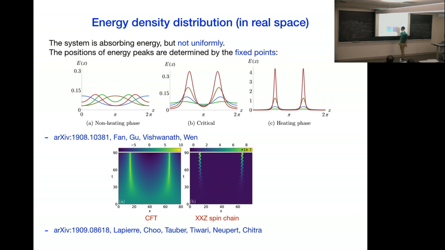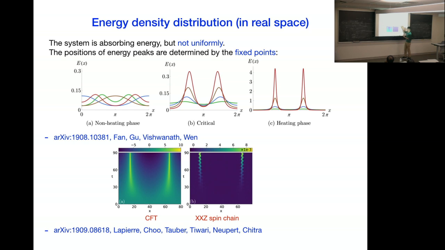This is different from the diffusive system you introduced. Okay, if we look into the energy density distribution, we can find some very interesting features. In the non-heating phase, as we drive the system, the energy will not grow, which means the system doesn't absorb energy.